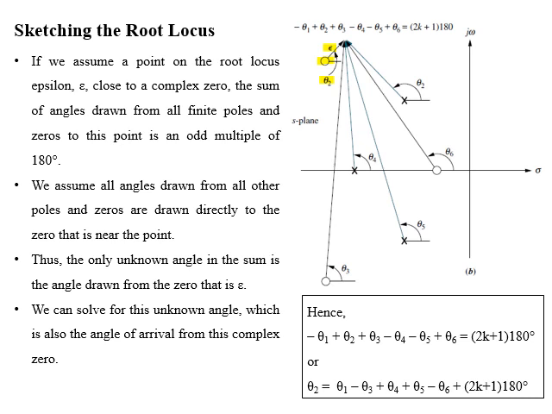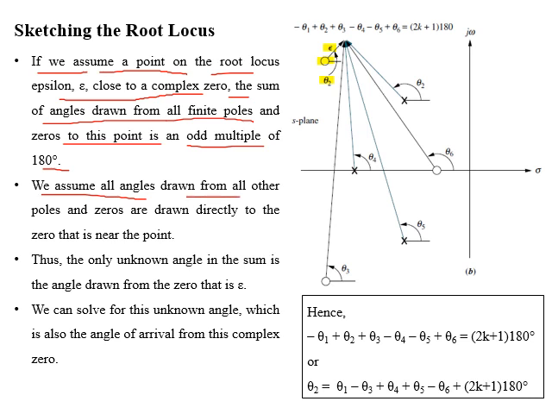Now for the angle of arrival of complex zeros, we will assume a point epsilon on the root locus which is close to a complex zero, and the sum of angles drawn from all the finite poles and all the finite zeros to the point will be an odd multiple of 180 degrees.